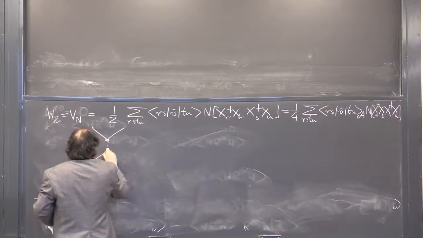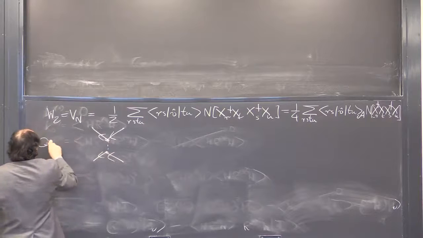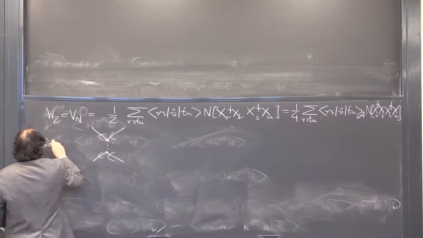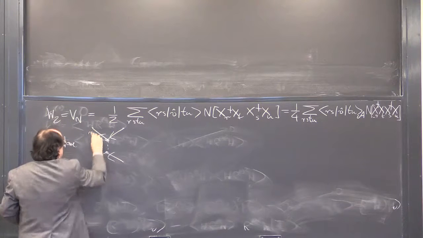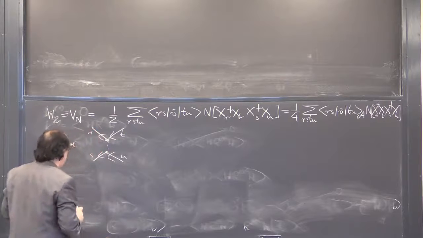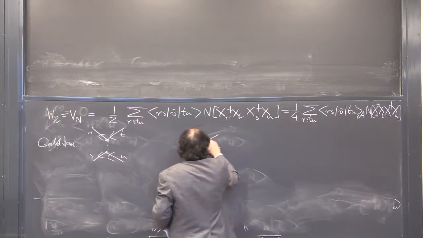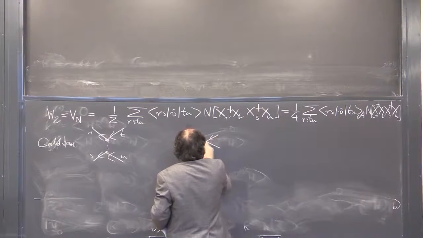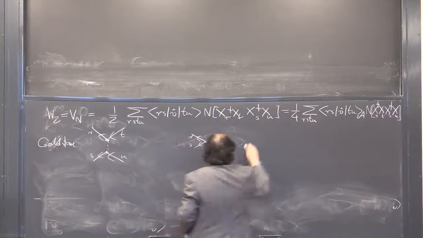If you use the Goldstone representation, this will be an appropriate vertex R, S, T, U. For the Hugenholtz case, you will just have 4 lines at the vertex, R, S, T, U.